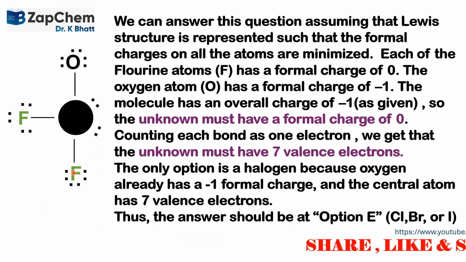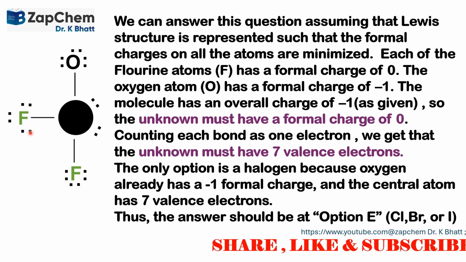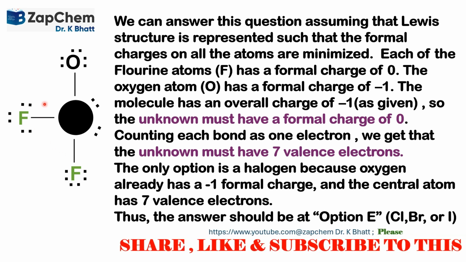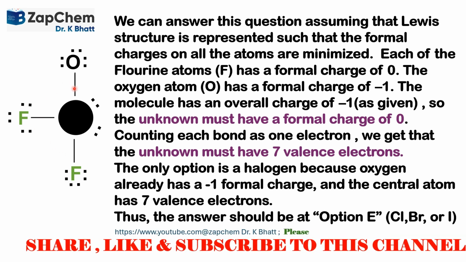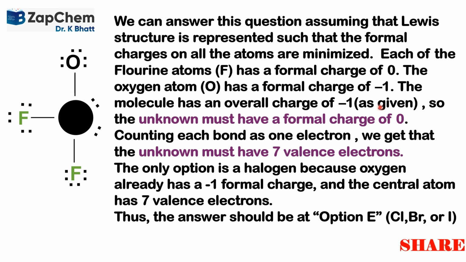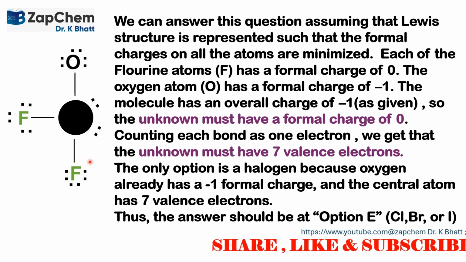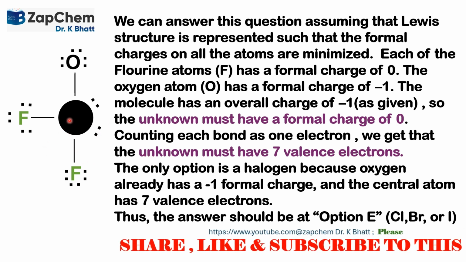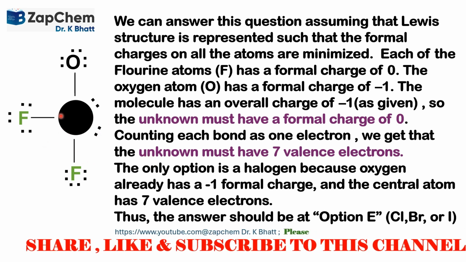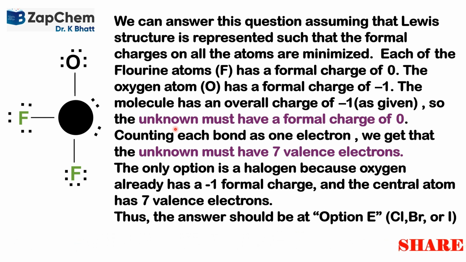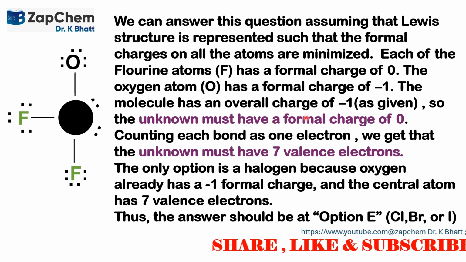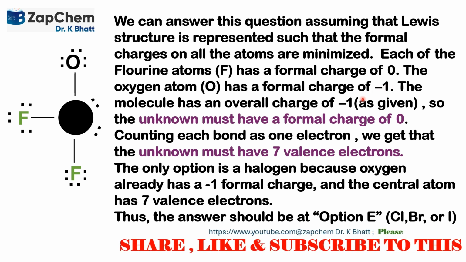And oxygen, as we find here, has a formal charge of -1, which is already provided to us. So the central atom, which would be regarded as the unknown atom, must have a formal charge of 0, because oxygen here is -1.